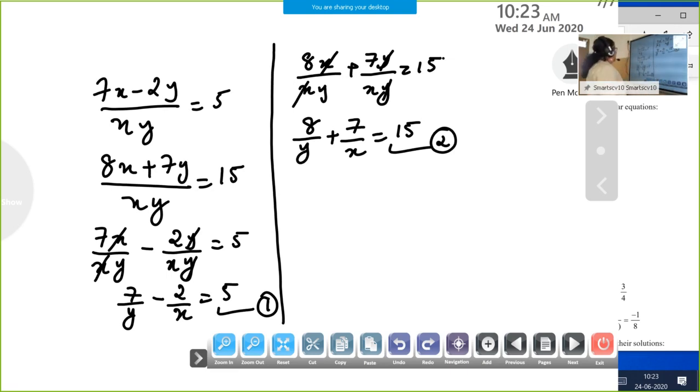Then again substitute: instead of 1 by x you write u, and instead of 1 by y you write v.